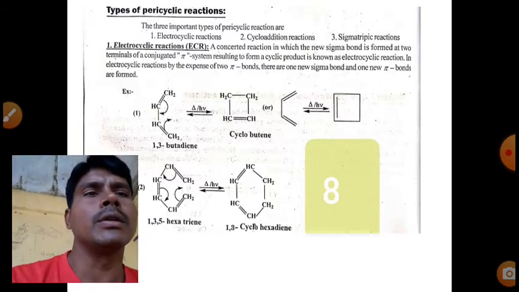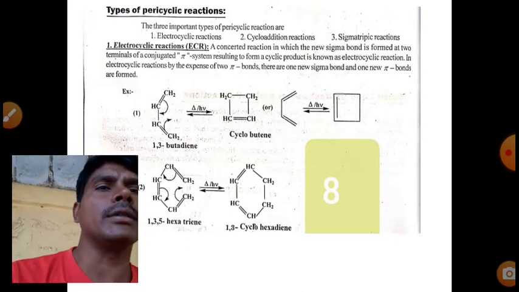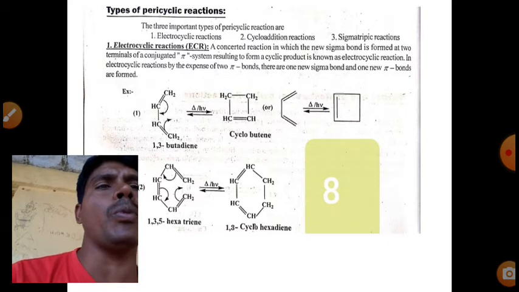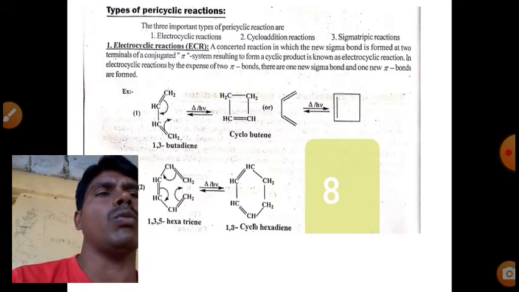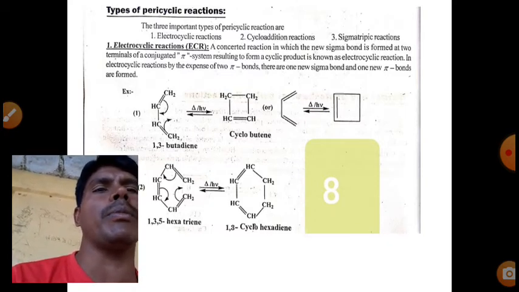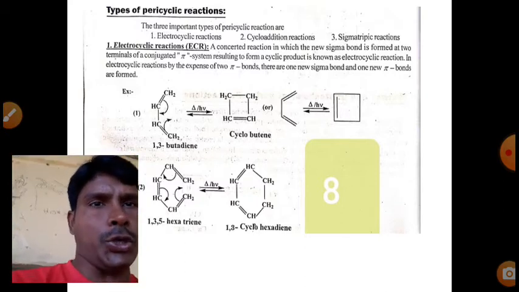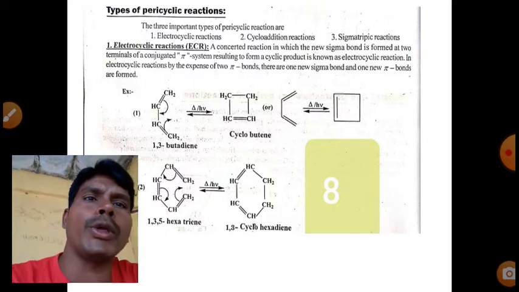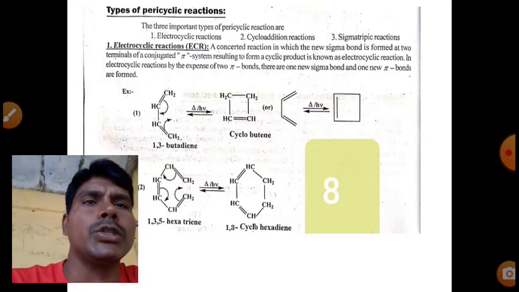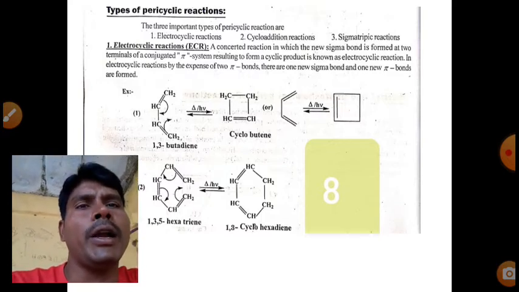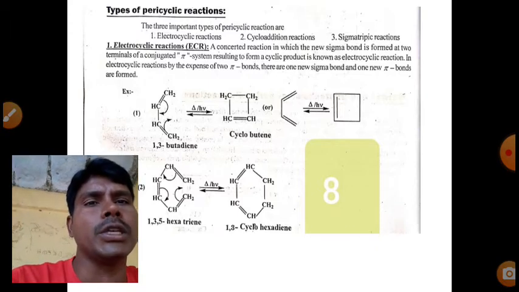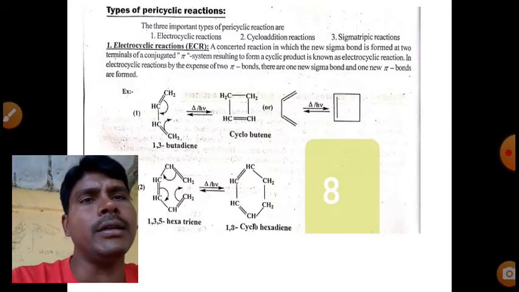That means in electrocyclic reactions, at the expense of two pi bonds, one new sigma bond and one new pi bond are formed: one new pi bond in the middle, one new sigma bond at the terminal.